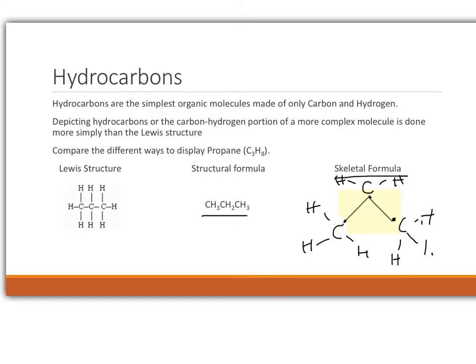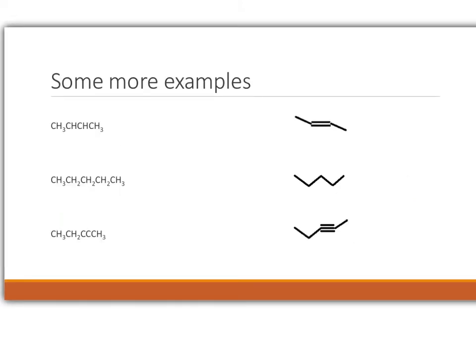The skeletal formula makes it so that it takes a lot less time to write out your organic molecules, especially when they get into having very long chains with 8, 9, 10 carbons on them and other things as well. So the key to the skeletal formula is to make sure that you understand where the carbons are, and you don't forget that that does also include the hydrogens. So a couple more examples of this.